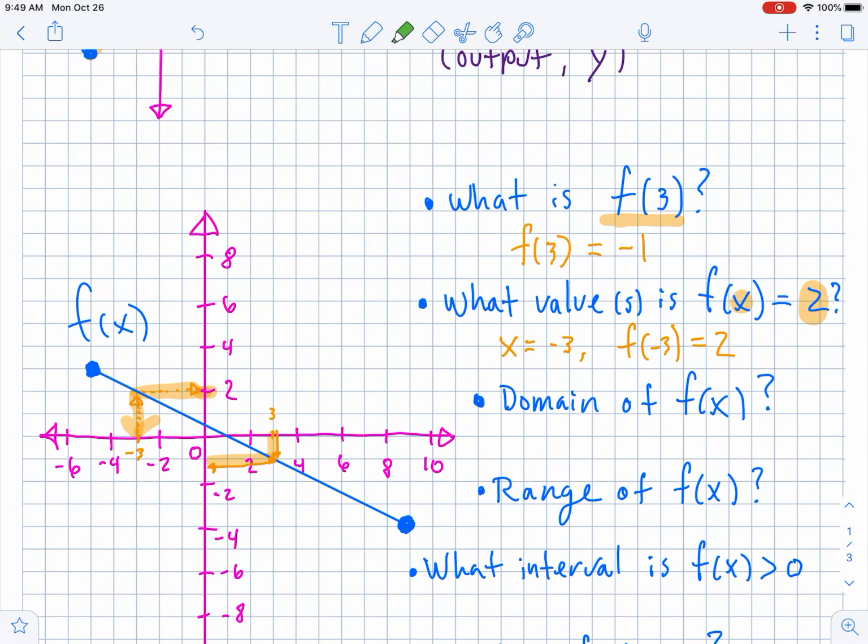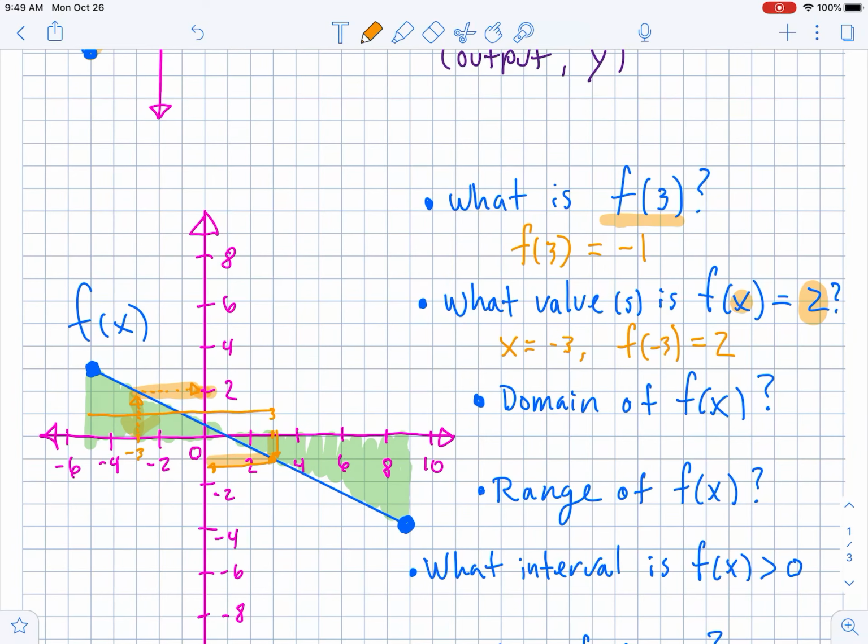What is the domain of f of x? For domain, you just have to look at all the x values of the function. So if I just look at the x's, it starts here at -5, touches all these negatives, touches 0, then it touches all these positive x's all the way up to 9.